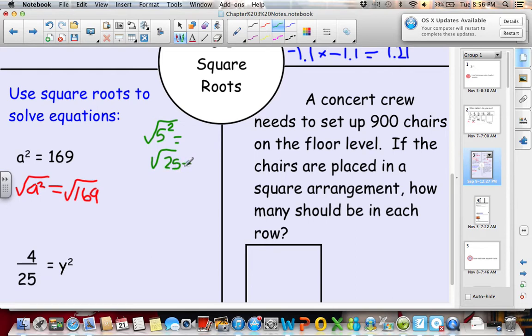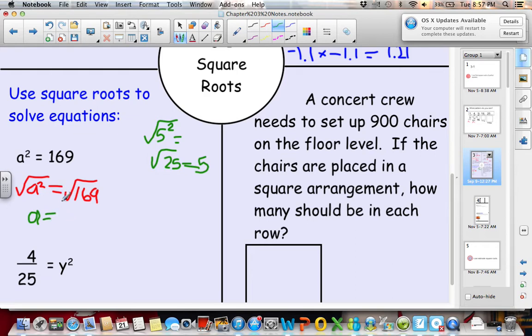And we know that the square root of 25 equals 5, because 5 times 5 equals 25. So in the end, I'm left with just my number, 5. So the square root cancels out my square, and I'm just left with a.